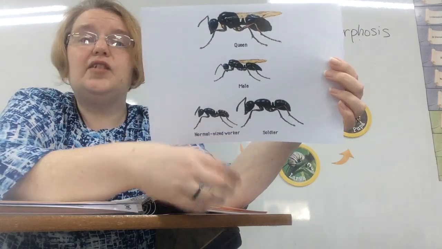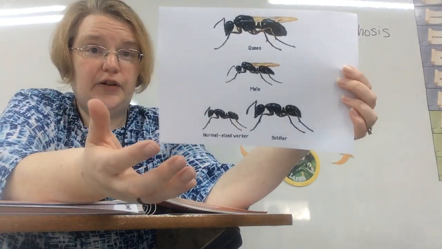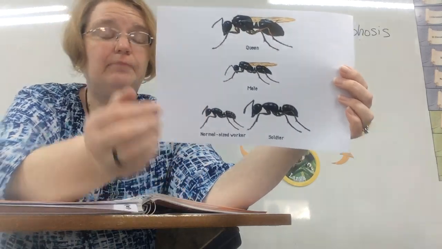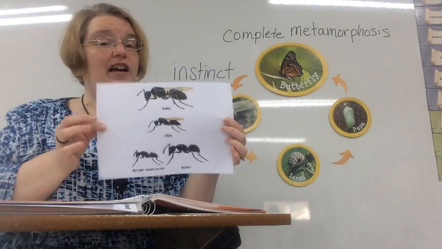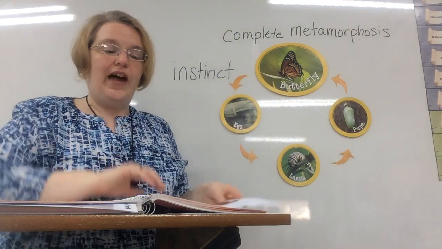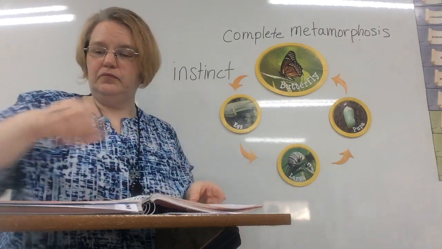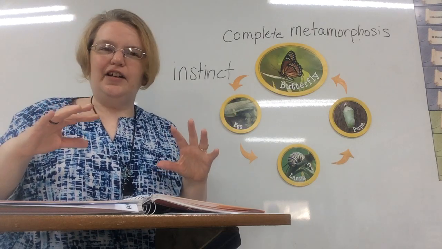Well, the soldier ant protects the colony from other predators that might destroy the colony or hurt them. So these are the different kinds of ants in a colony, and they all have a job to do. Without one of them, the colony wouldn't survive. Okay? All right, so let's learn about a different kind of ant.